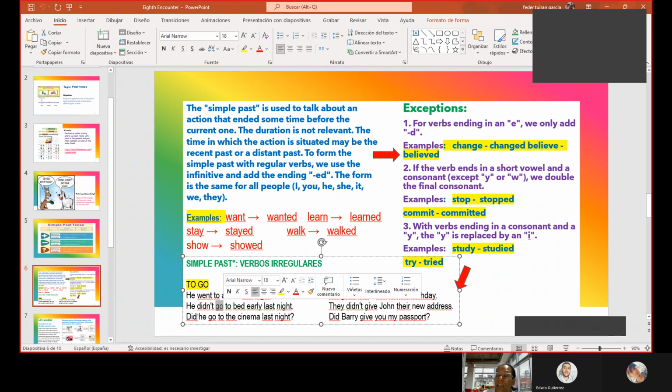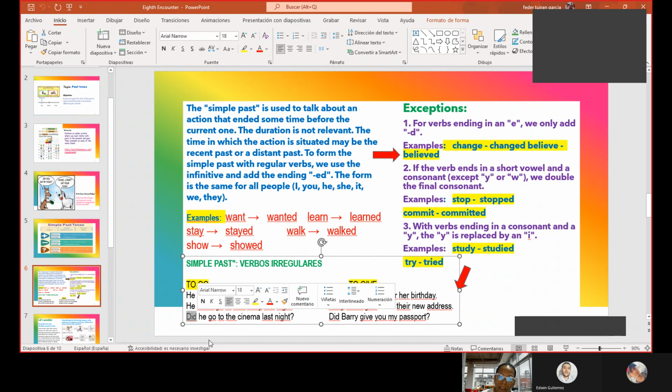And if it's a question, we use the auxiliary did, and we start the sentence with the auxiliary. In this case, did is the auxiliary for this tense, the past tense.